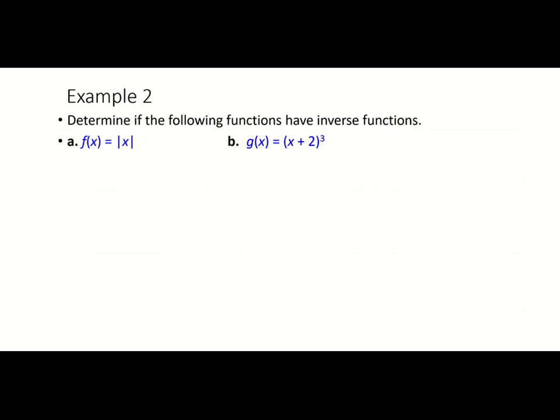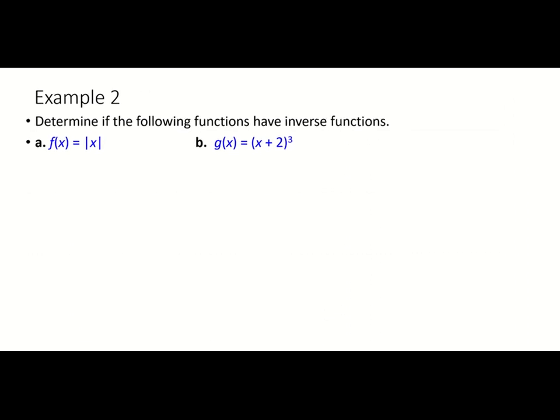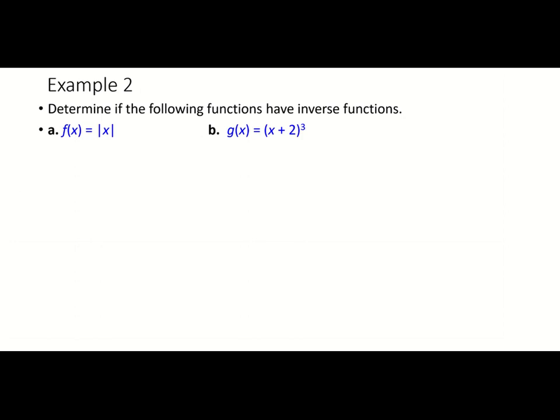Okay, so here they are asking us, determine if the following functions have inverse functions. So if we sketch f of x equals the absolute value of x, if you recall, the shape of that graph, if I were to draw my x and y axis, is a V shape, so it looks roughly like this.